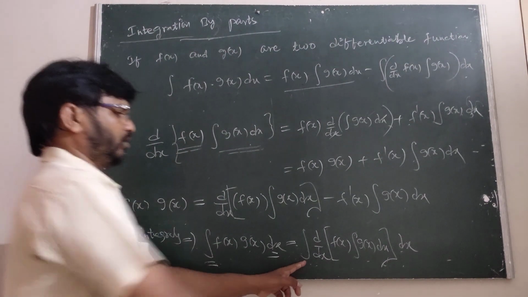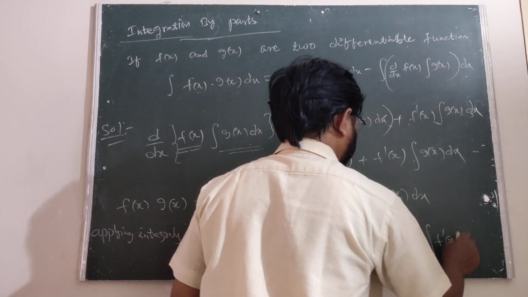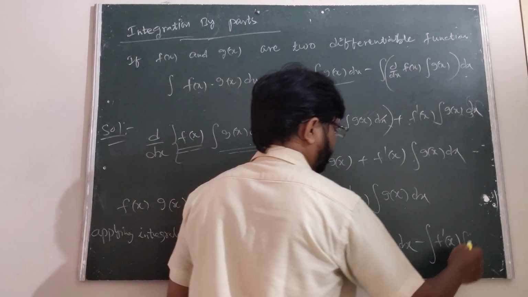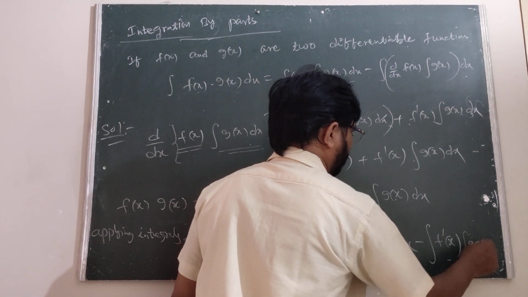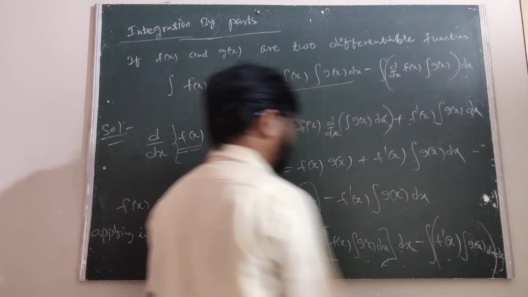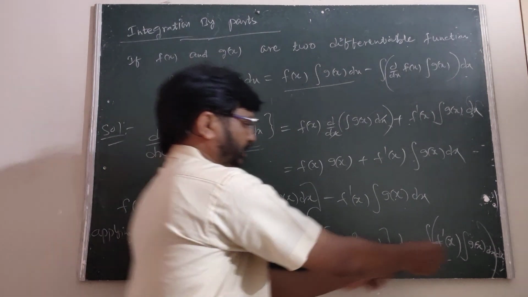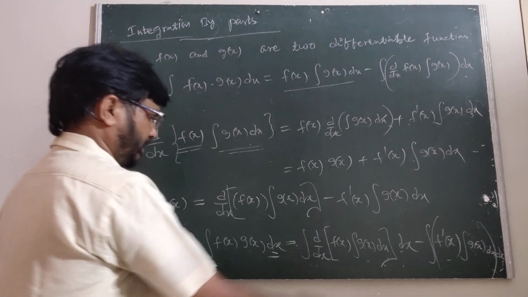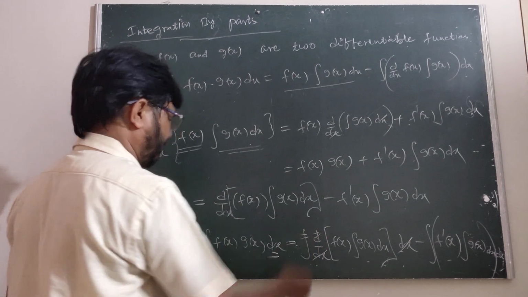Finally, minus f dash of x integral g of x dx, whole of dx. Is it clear? We apply the integral dx here also, and here also. After that, the dx cancels, and the derivative and integral cancel.